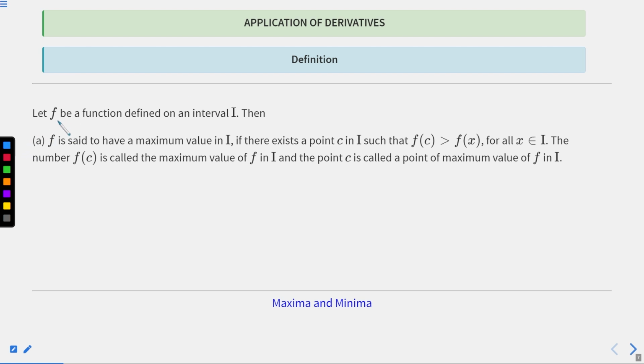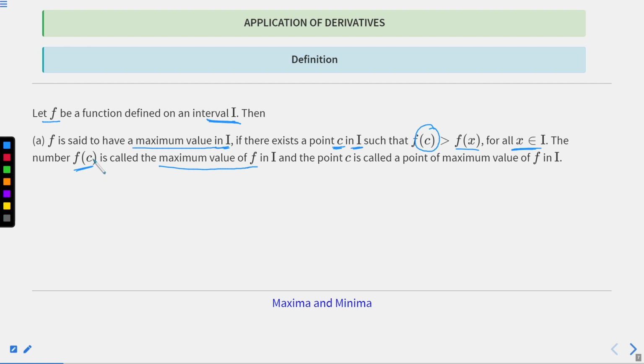Here we have to define our function f on interval I. Then f is said to have a maximum value in I if there exists a point c in I such that f(c) is greater than f(x), where x is any value from the interval I. The number f(c) we will call the maximum value of f.